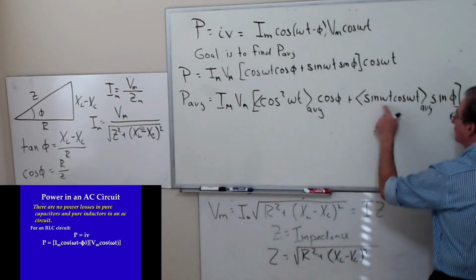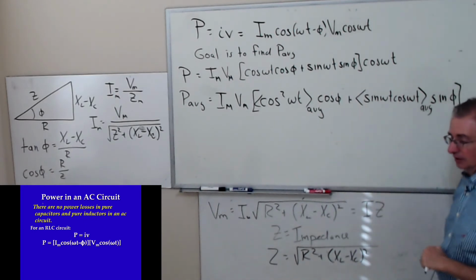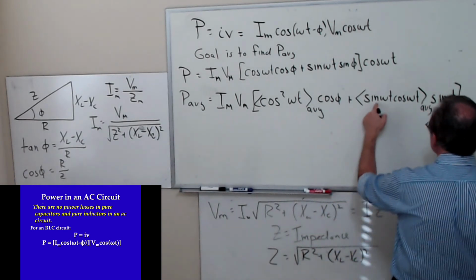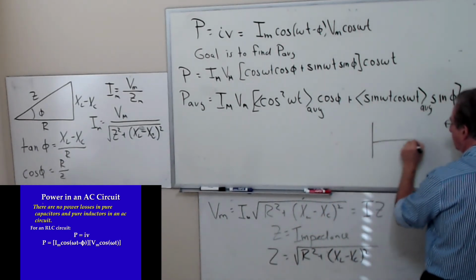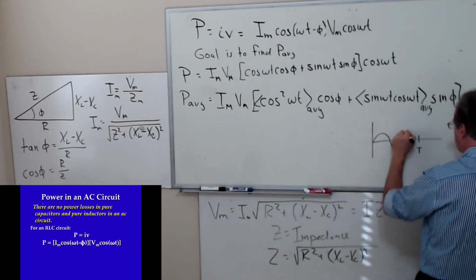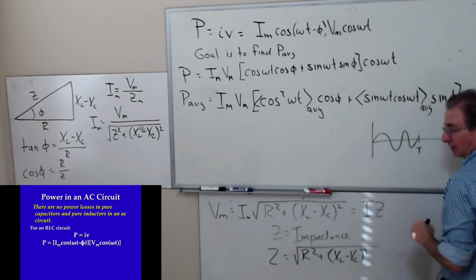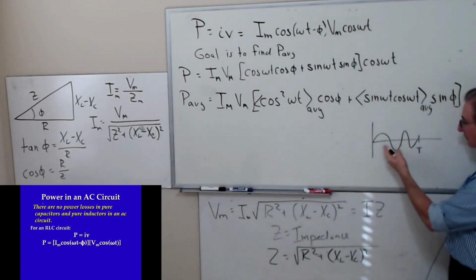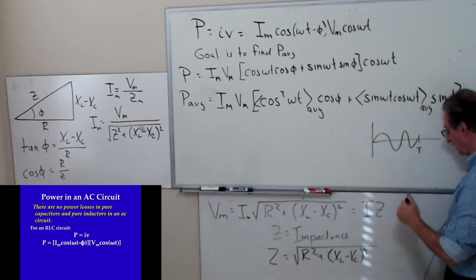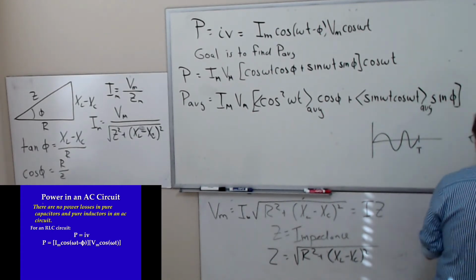Now, what's the average of this function over one cycle? Well, if I plot this over one cycle, this is almost like using a double angle formula. Okay, I didn't draw it very well. What's the average of that over one cycle if I drew it symmetrically? Let me redraw it better.